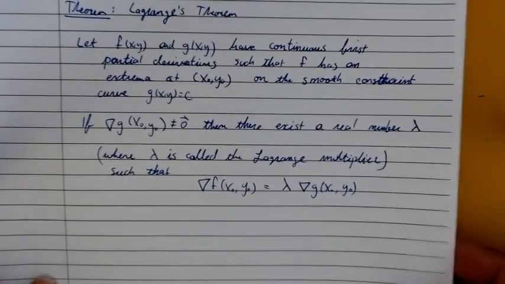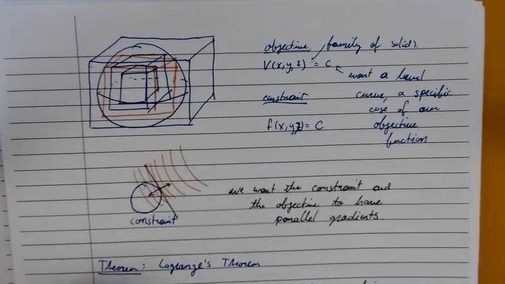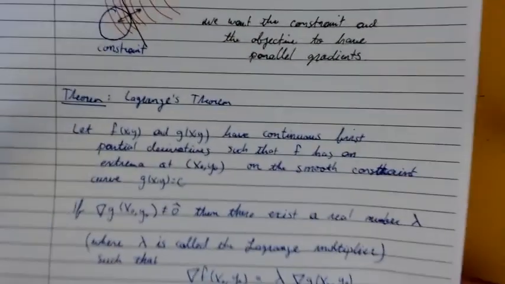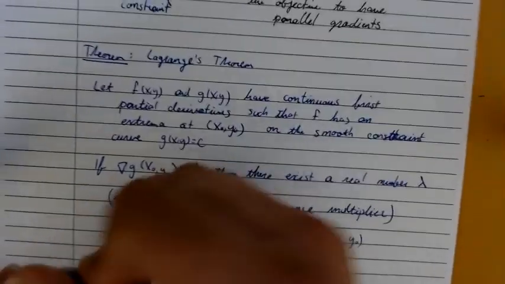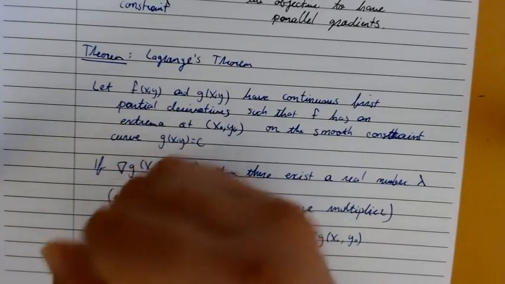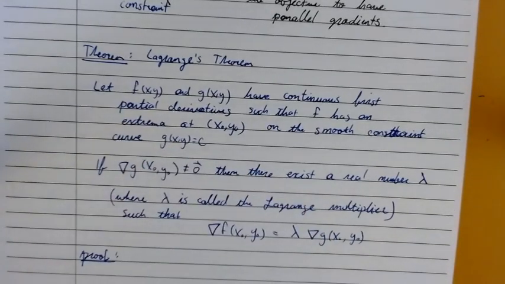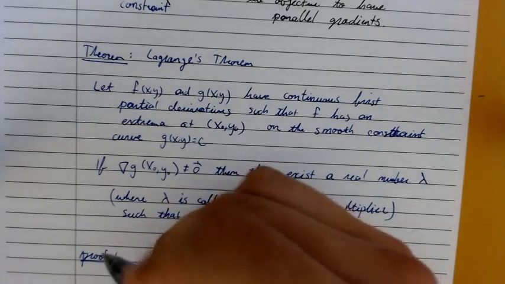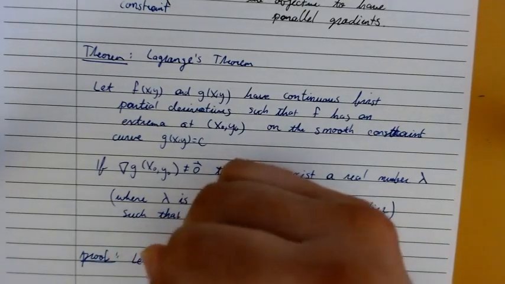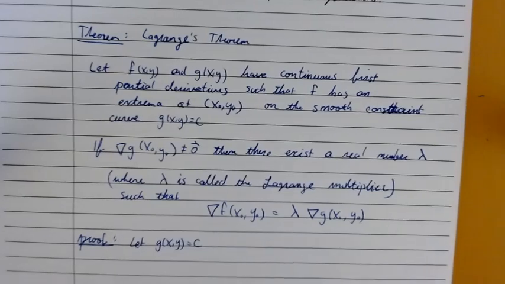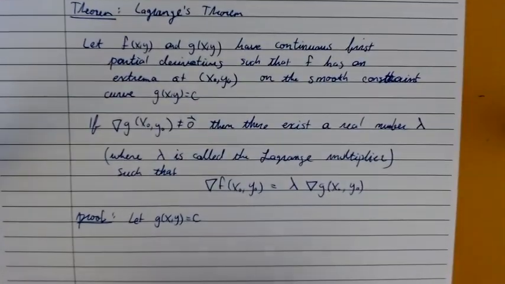But again, motivation does not make a theorem, and it certainly does not make a proof. This simply suggests why we might suspect that such a thing was true. The proof is as follows. All right, so let's go ahead and let g be a function of x and y. Let's let g of x comma y be some constant.